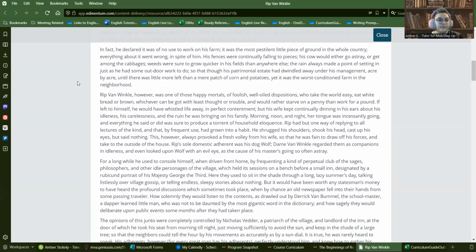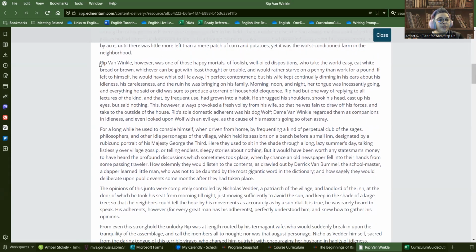Fate is against him. Now it says Rip Van Winkle, however, was one of those happy mortals of foolish, well-oiled dispositions. So well-oiled just means like well cultivated or taken care of, right? Because if you oil something regularly, anything that needs to be oiled, that means you're paying attention to it, you're caring for it, right?